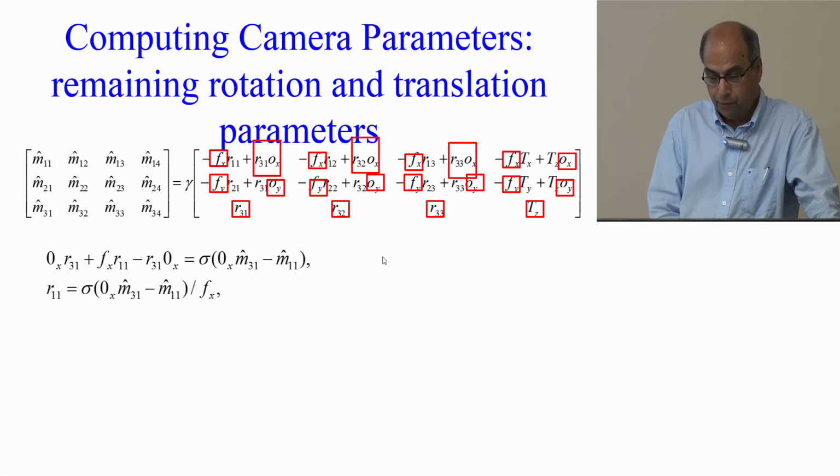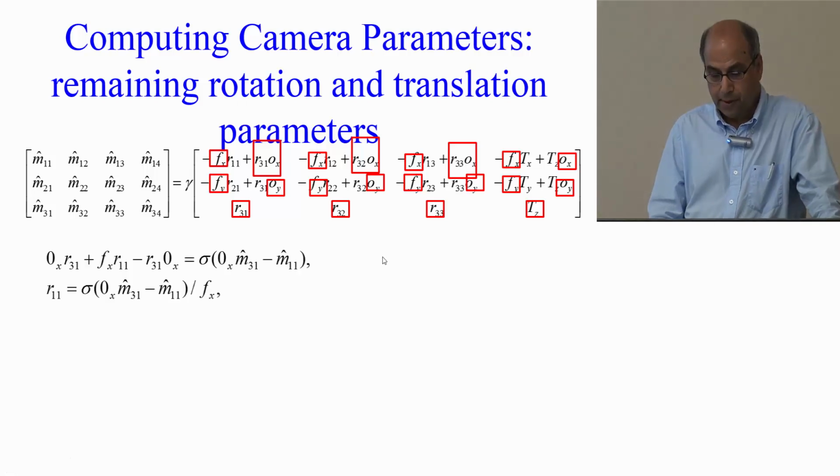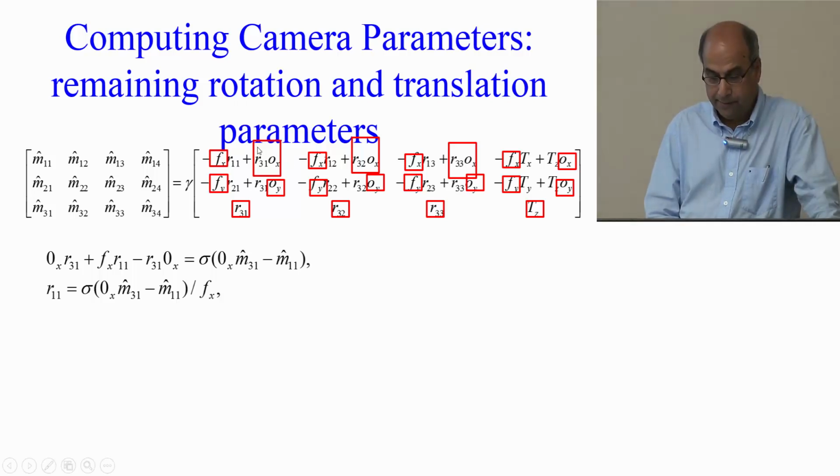So what we will do now is compare. We will look at this element, and this element should be equal to this with the sign, which is sigma. In this one we already know ox. We already know r31, we know fx, and we know r31 ox.